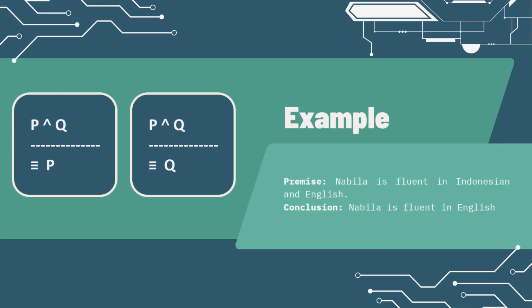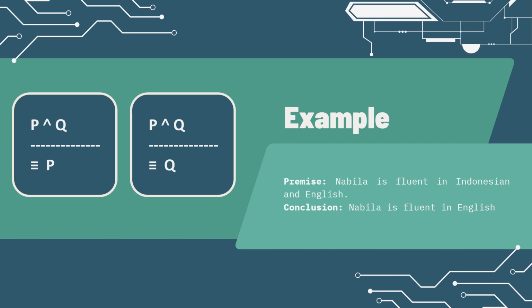This rule can be expressed symbolically as follows: P and Q implies P, where P and Q are propositions. In other words, if we know that both P and Q are true, then we can also conclude that P is true.